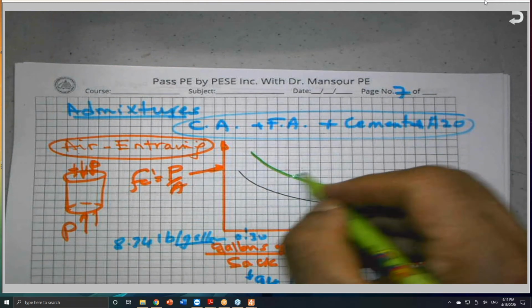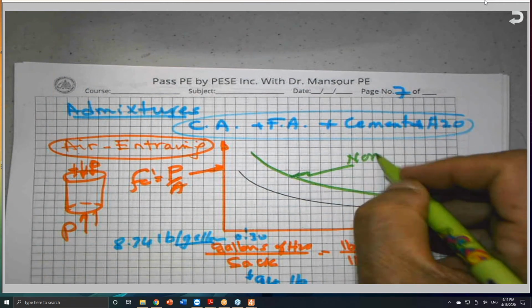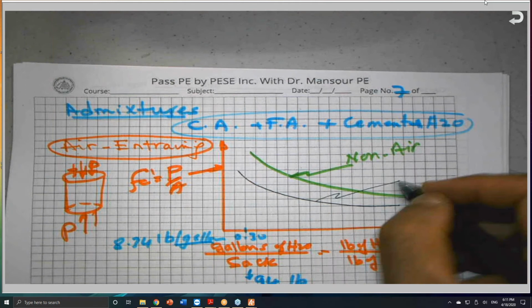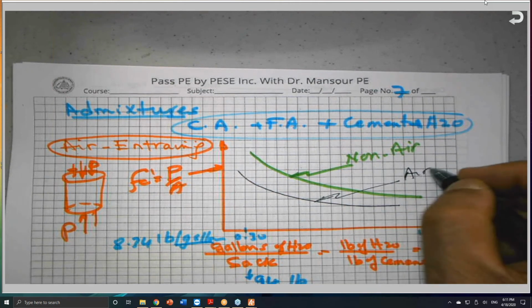This is the non-air concrete, and this is the air entrained concrete.